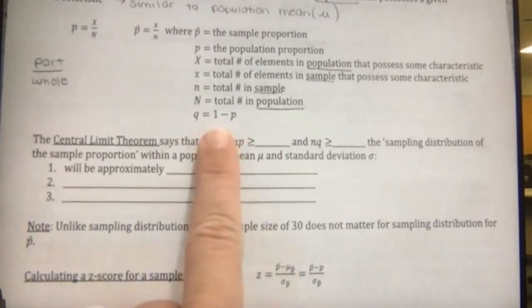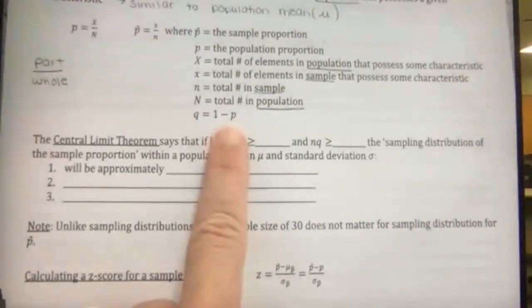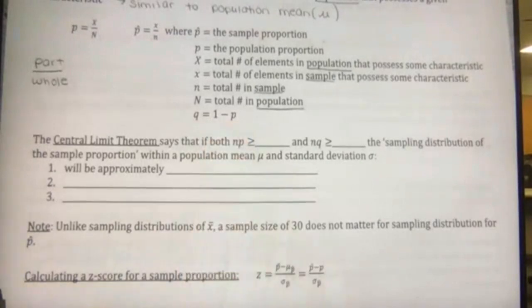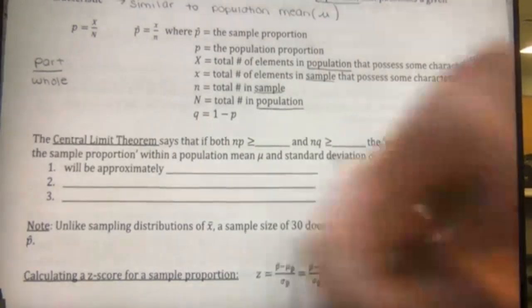Also notice we talked about this before, that our Q is 1 minus P. We'll talk about that in a second. So we talked about the central limit theorem previously, and we said that our sample size has to be greater than or equal to 30. But if we're talking about proportion, the central limit theorem says that both n times p has to be greater than or equal to 5.